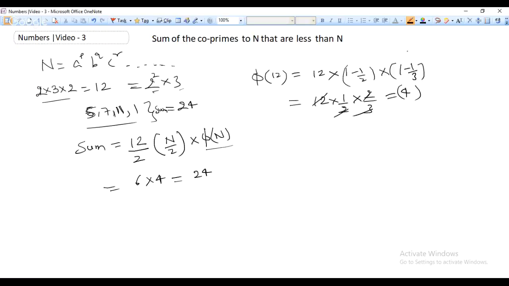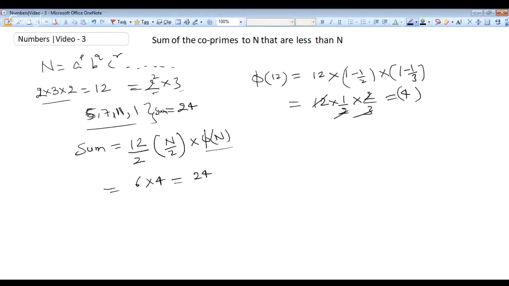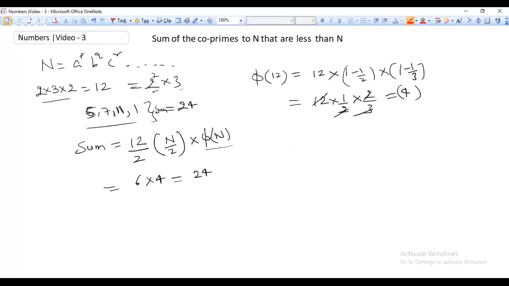So we have got a general formula. Let's use the red color here.